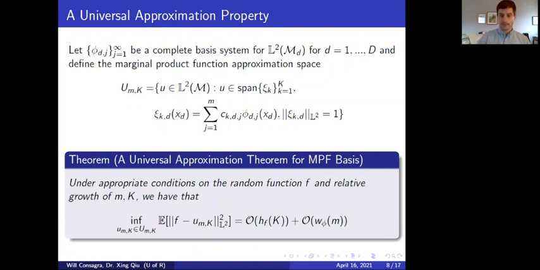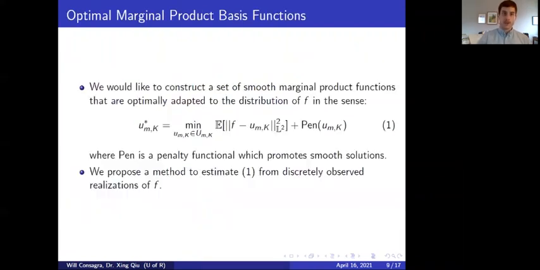So in light of this, we would like to construct a set of smooth marginal product functions that are in some sense optimally adapted to the distribution of F, and that they minimize this functional here, where pen is some penalty functional that promotes smooth solutions. We propose a method to estimate this from the discretely observed realizations of F that we actually get in practice.